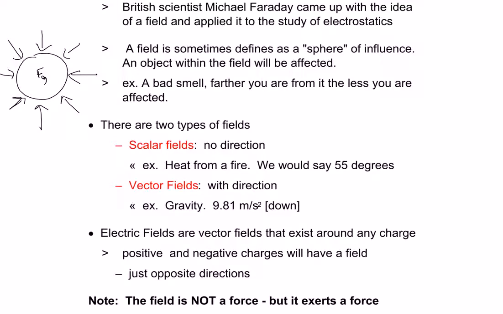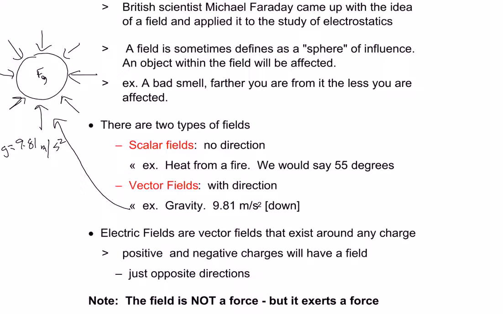So for example, we normally say gravity. The gravitational field strength is 9.81 meters per second squared, and it's always downwards towards the center of the Earth. So you can see here, we're talking about the force of gravity, but the actual gravitational field is actually 9.81, which we know is our acceleration of gravity. So it's important to realize that a field isn't a force, it causes the force, right?